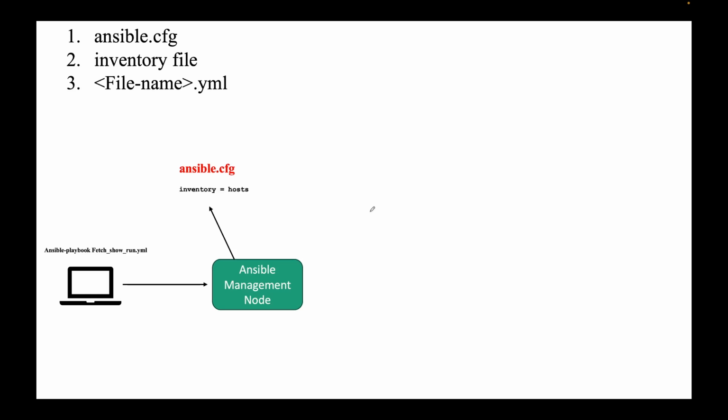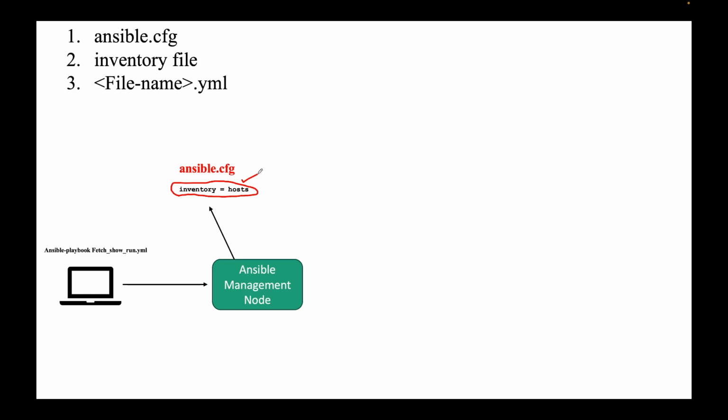The most important parameter is the inventory file location. It will check where you have stored the routers' information. If it is local to the directory, then you just need to mention the name. But if you have kept it in another directory, then you need to mention the complete path here.